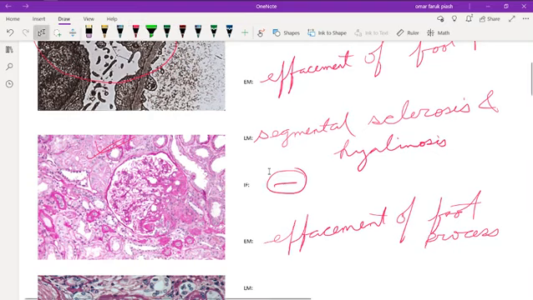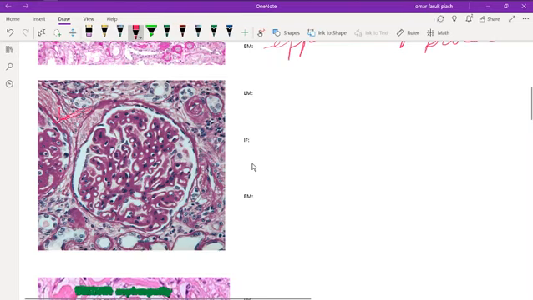Then the next one is membranous nephropathy, also known as membranous glomerulonephritis.